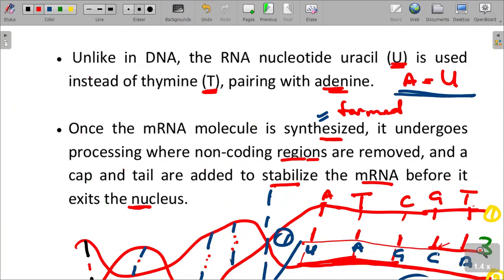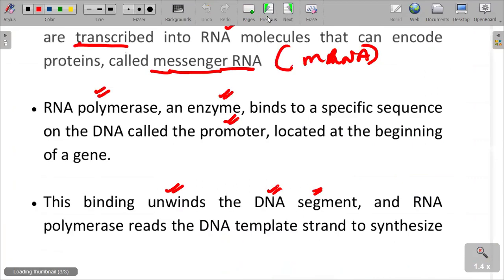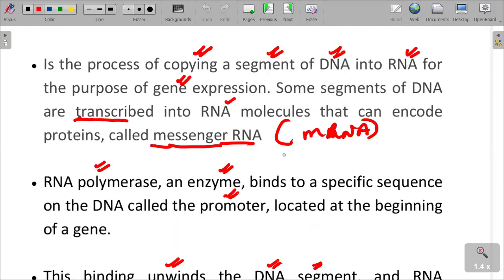You can explain it in that respect, and if you do that, you are making sure that the marks you should get on this question are fully catered for, and you won't lose any marks.